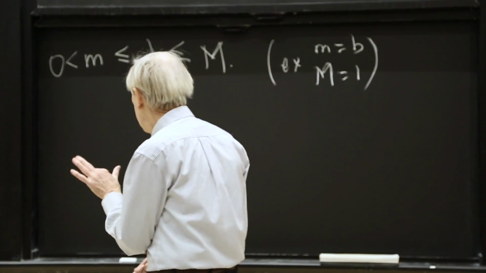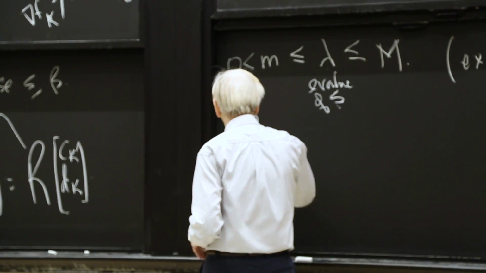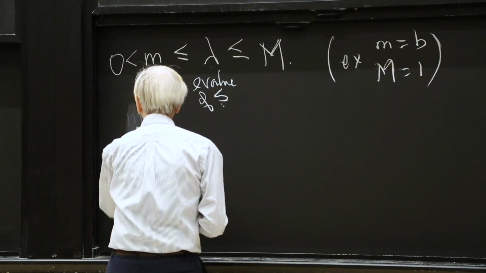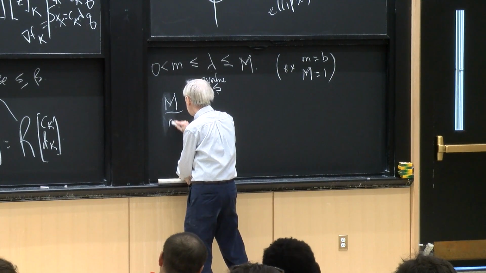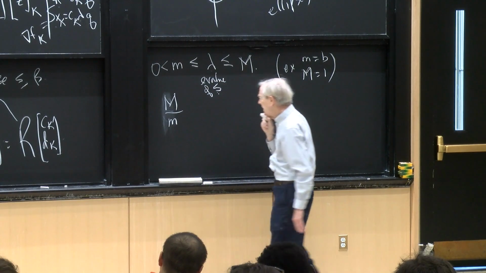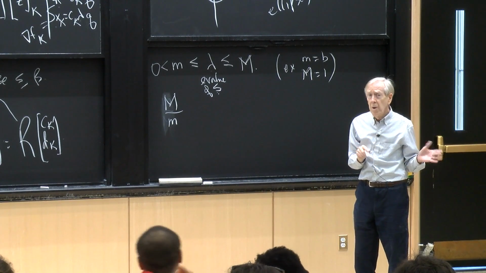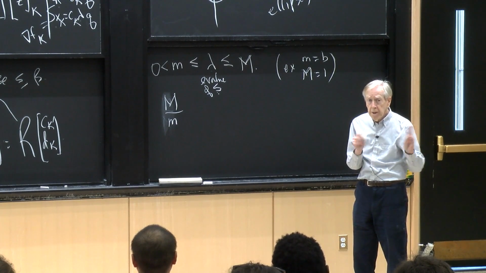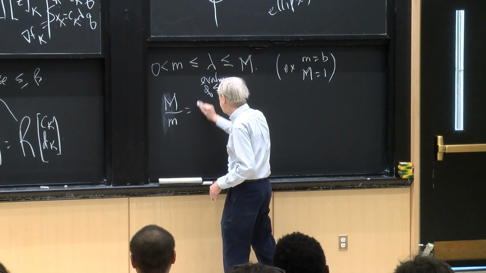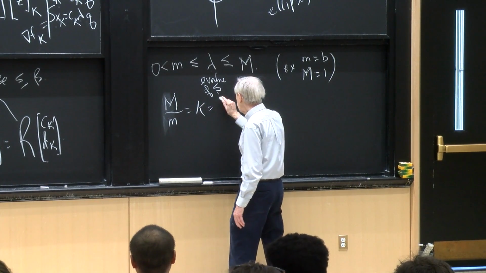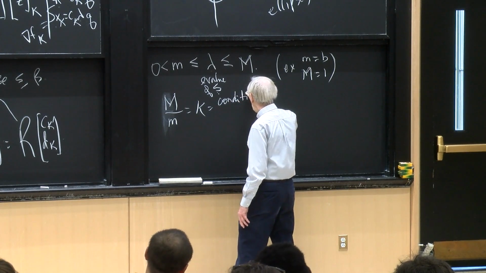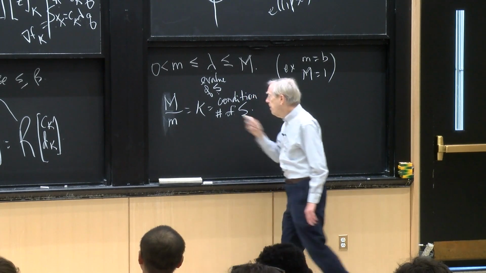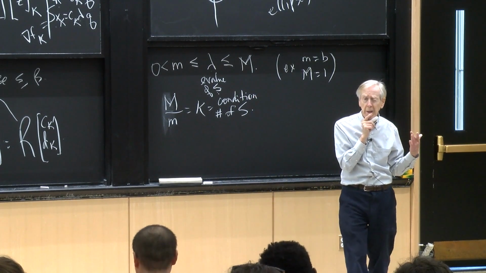And the ratio of M to m, this is the key quantity, and what's it called? Lambda max divided by lambda min is the condition number, right? This is sometimes written kappa, the Greek letter kappa, the condition number of S. And when that's big, then the problem is going to be harder.